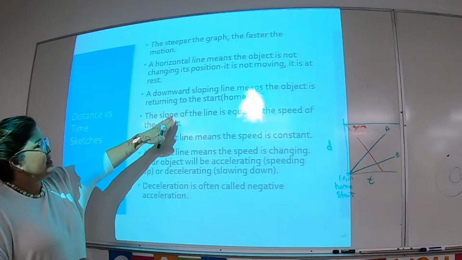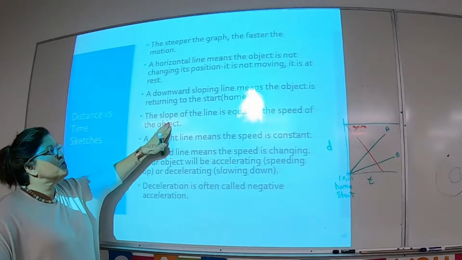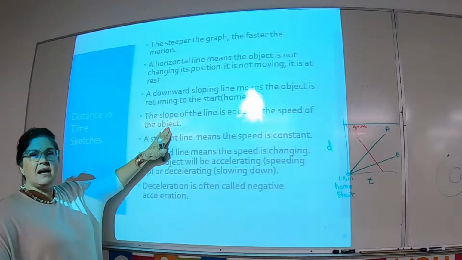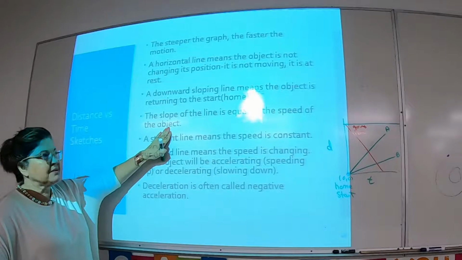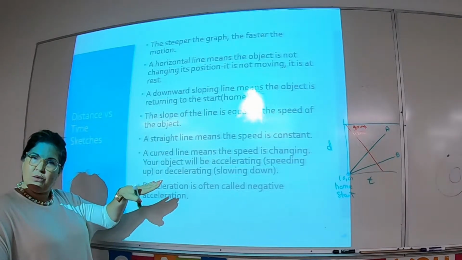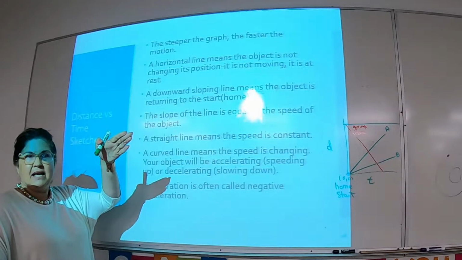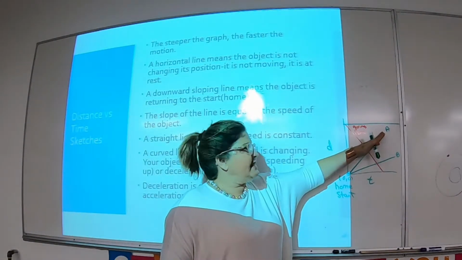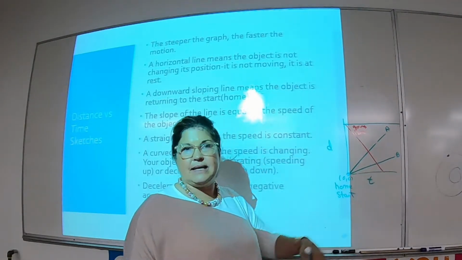Okay. Yesterday we talked about slope, and we said the slope of the line is equal to the speed of my object. The slope of the line. Okay, and we did horizontal slopes, we did vertical slopes, and we did lines that were trending up and lines that were trending down.